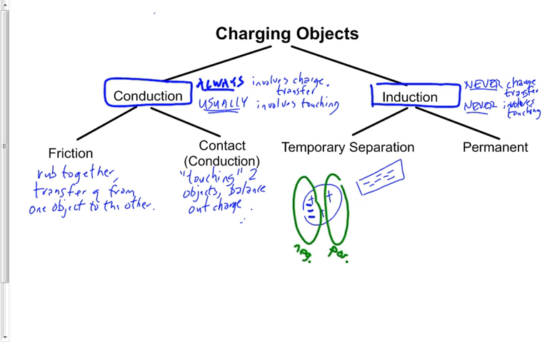Why is it a temporary separation of charge? Patrick, you look like you're ready to answer there. Yeah, exactly. If I take that rectangular negatively charged object away, the electrons are just going to go back to where they were before. So it's a separation of charge right now, but it's temporary because it doesn't stay that way if I take the charging object away.